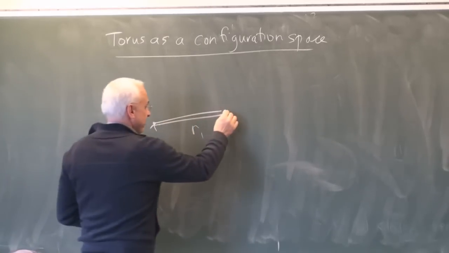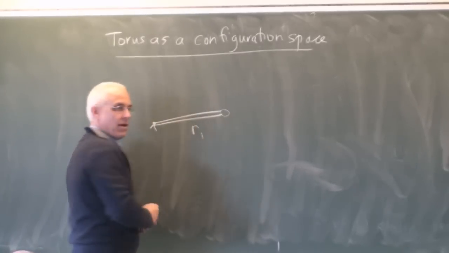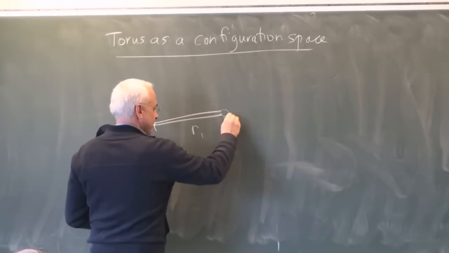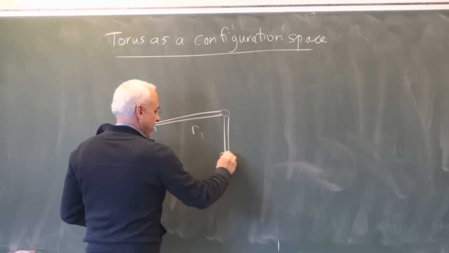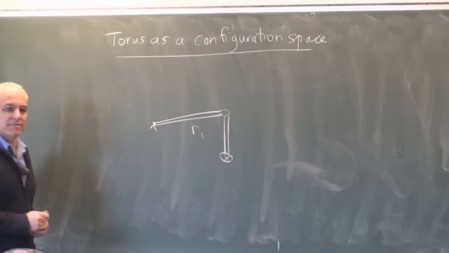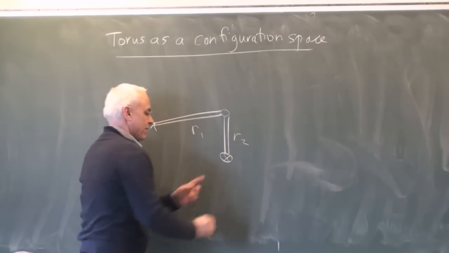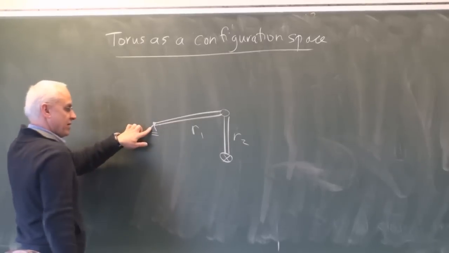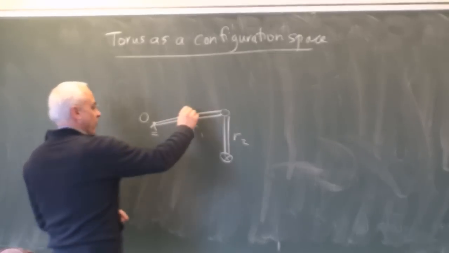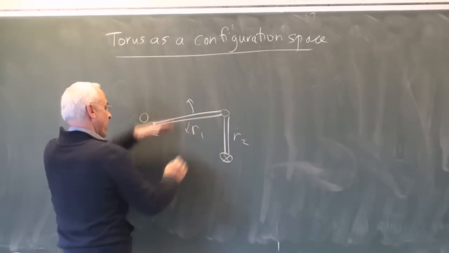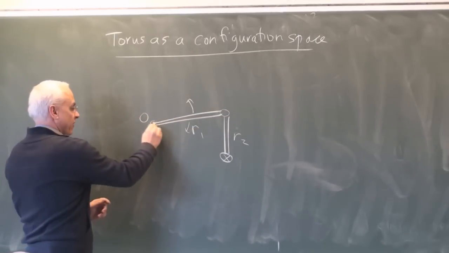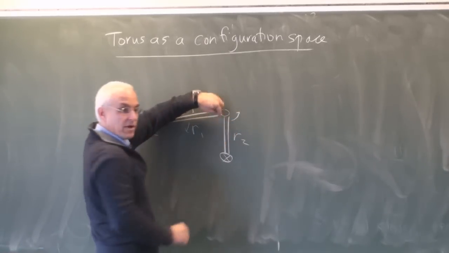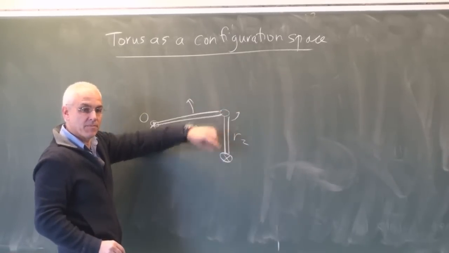And then you have some hinge here, and then you have another arm, say R2, and then here is a free point. So this is fixed here. That's like your origin, and this arm is free to swing around this pivot point, and this arm here is also allowed to swing freely around this point.